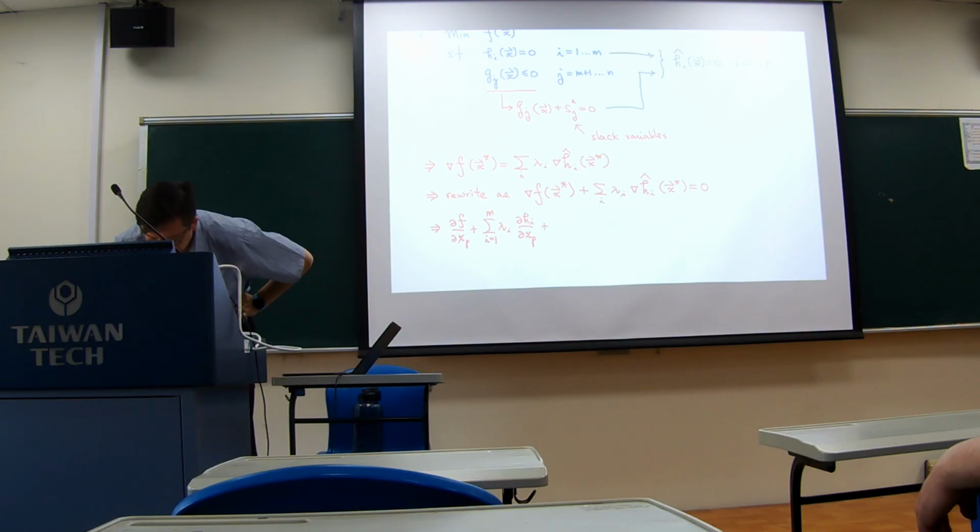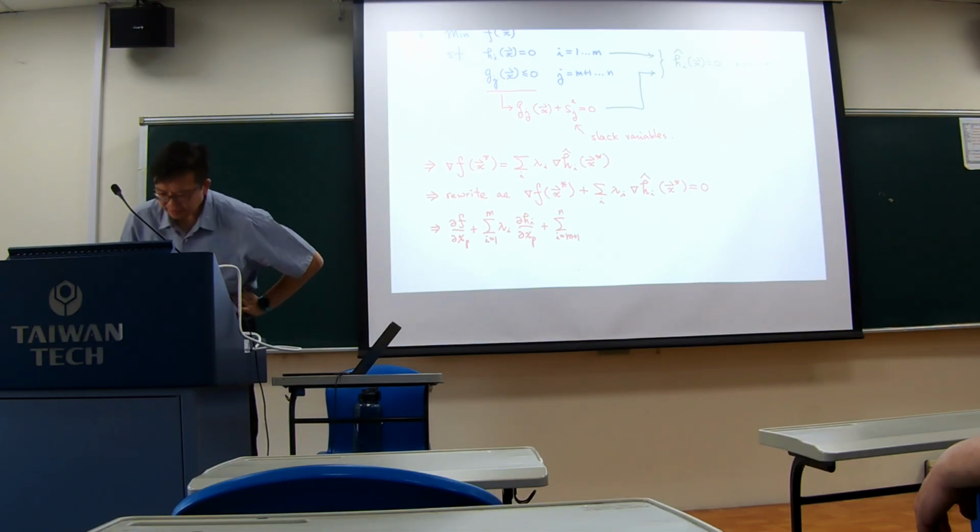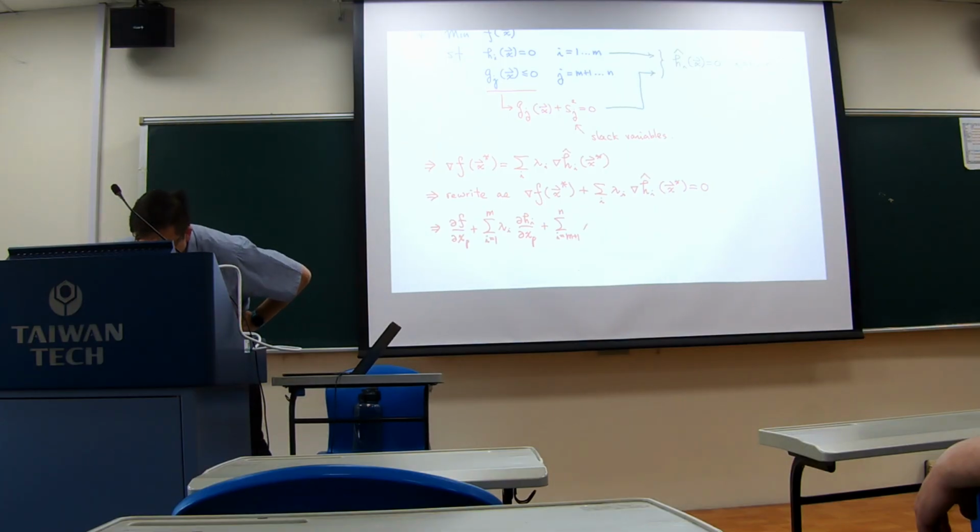And then plus another part, i goes from n plus 1 to m, and here I will say lambda i times partial gi plus s. Oh, this is where you may be confused. I think we should use j.